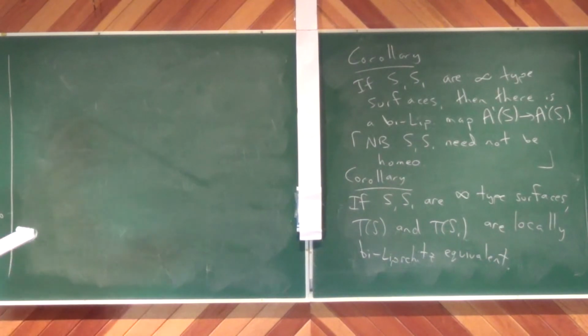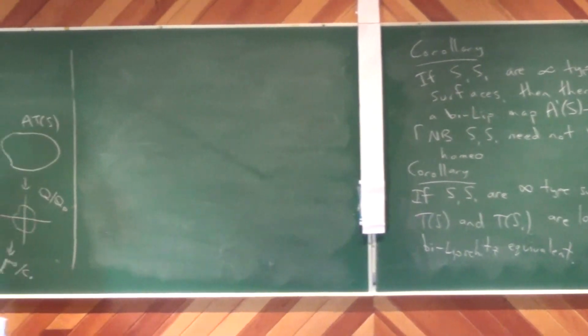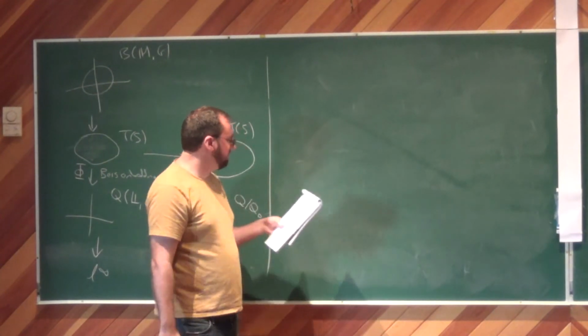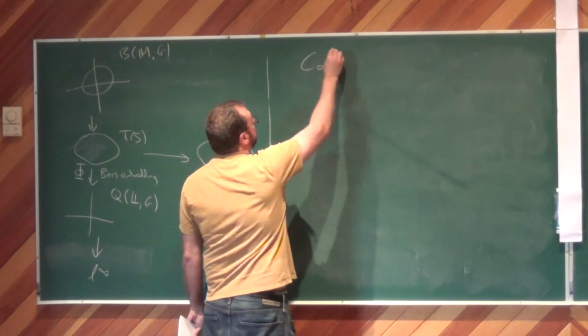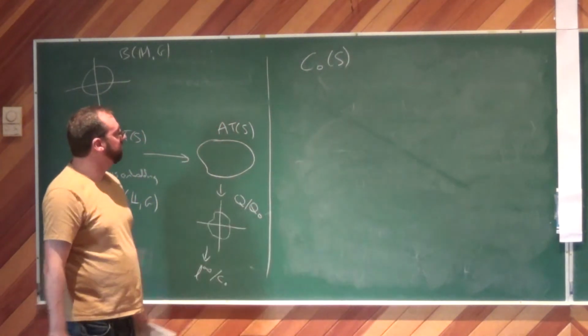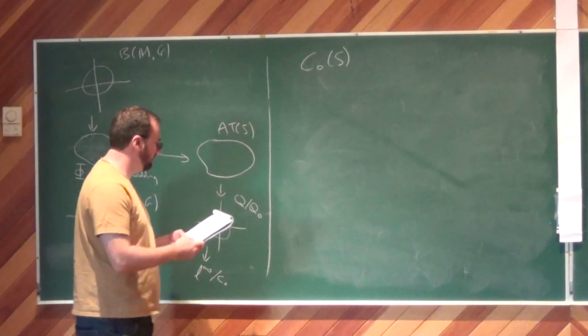Okay, in a couple of minutes, let me give you an idea of how you might go about proving this theorem I just wrote here in the Q0 case. You set up a big network of maps between various Banach spaces.